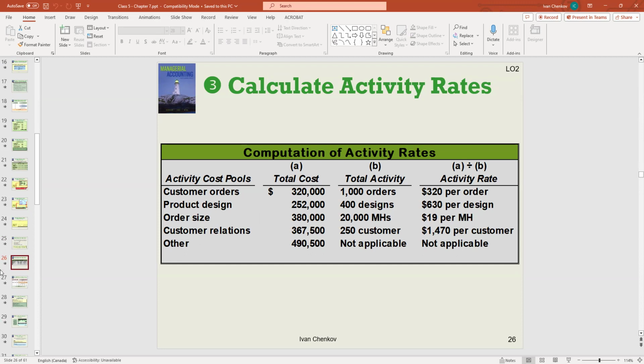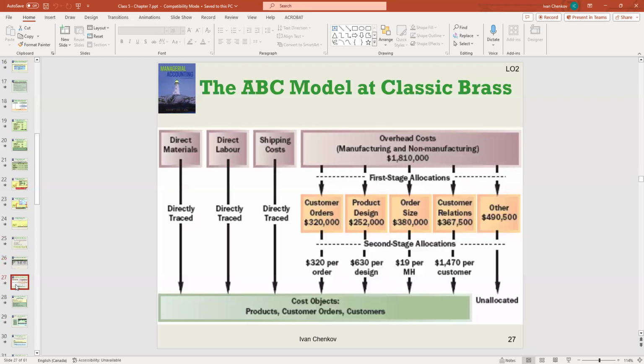Those will be our period cost now. So what we did so far, we pooled the cost, manufacturing and non-manufacturing, 1.8 million. We came up with the total cost per activity, and in the second stage, we came up with the cost per single activity.